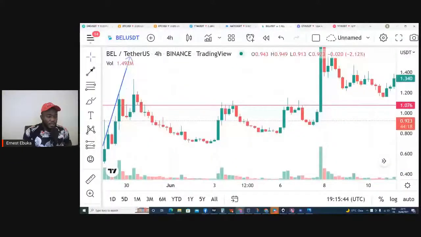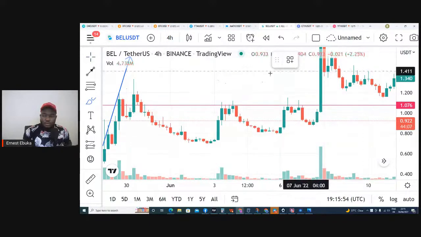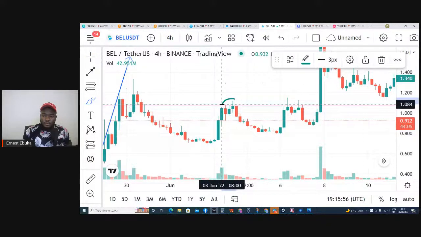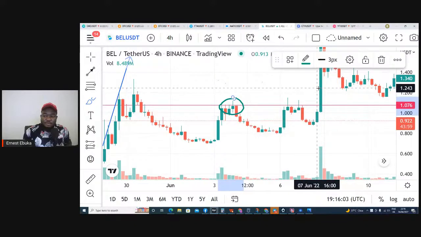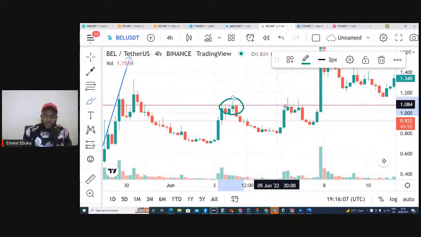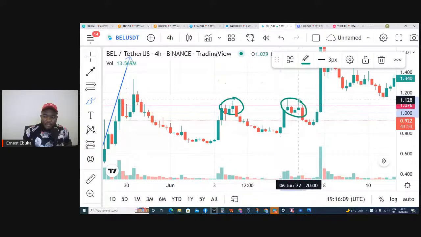Let me share my screen. You can see my screen. So this area was the first resistance before we had this breakout. Okay, hope you understand.